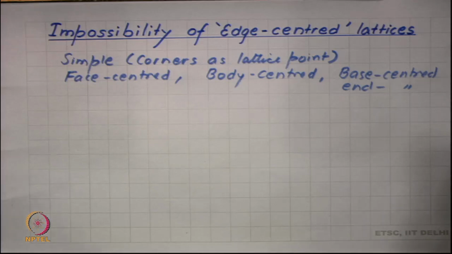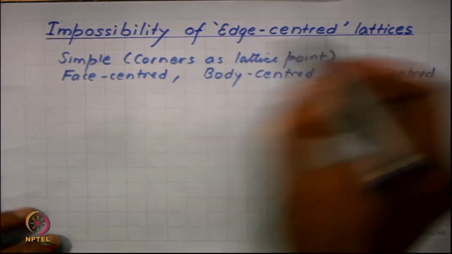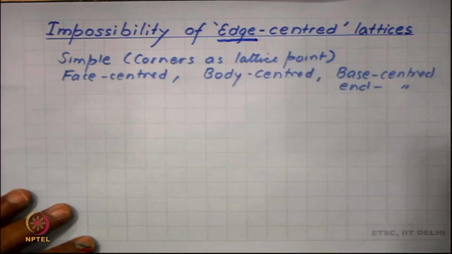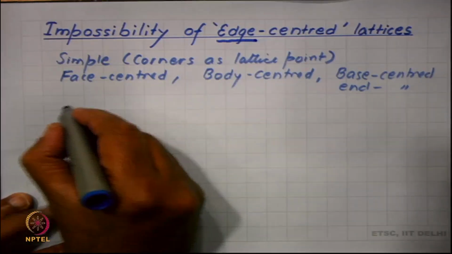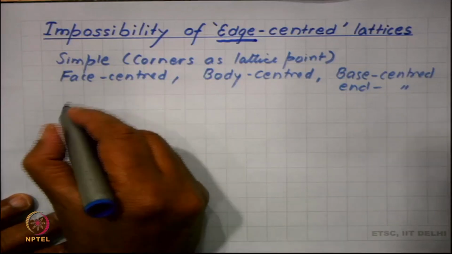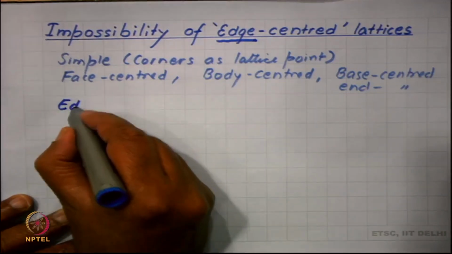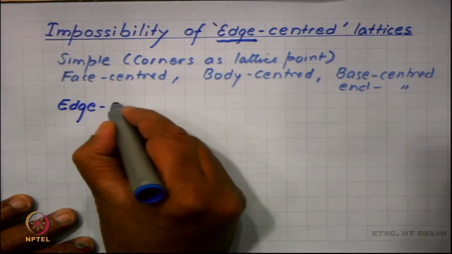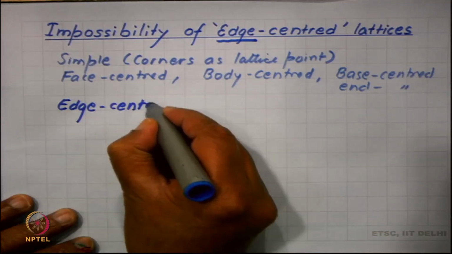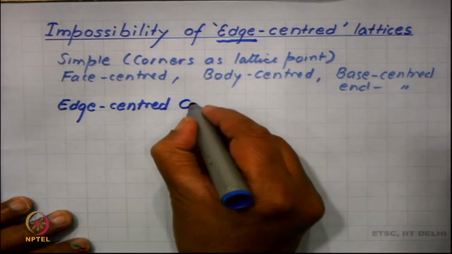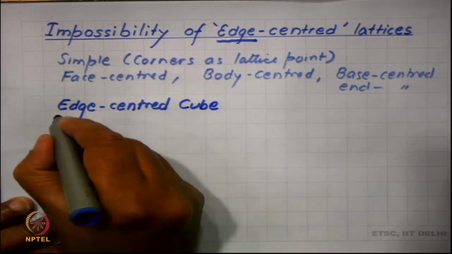So, the question can be asked, why do not we have any lattice which we can call edge centered? By edge centered, we will mean points at the centers of each edge. So, let us consider edge centered cube.